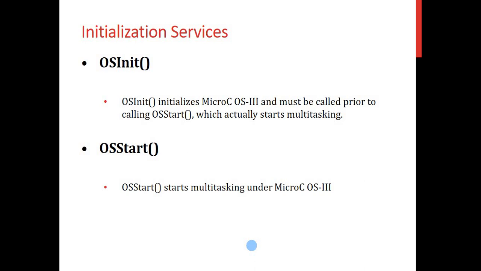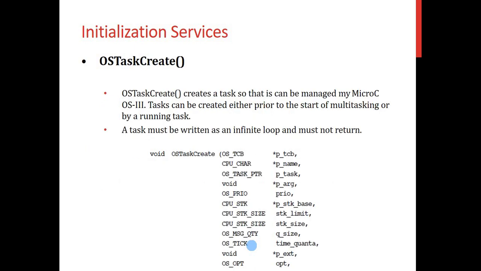Once you call OSStart, you are switching from single-threaded mode to multi-threaded mode, and in multi-threaded mode you can start to create tasks. When you create tasks, you see a lot of parameters here. You do not need to be overly concerned. When you look at the sample code, you just copy from it and make changes for the relevant parts, which are basically the names, the priority, and so on.